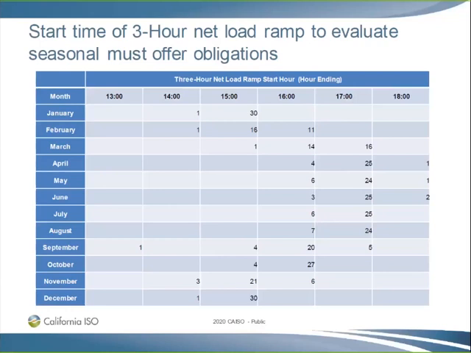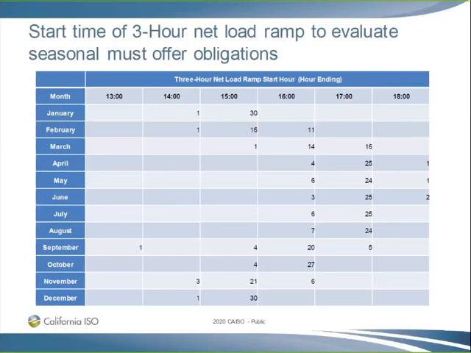So look at January. If the ramp started at hour ending 15, then you count hour 15, 16, 17. So that's the 3-hour ramp. Then that's the 6th of the net load ramp. After that, the net load still keeps ramping up.